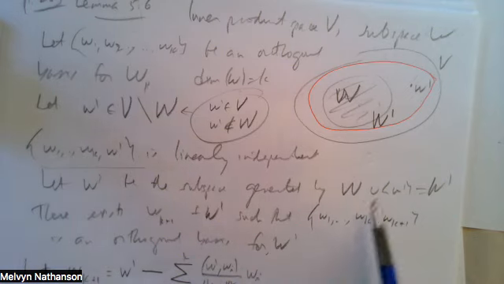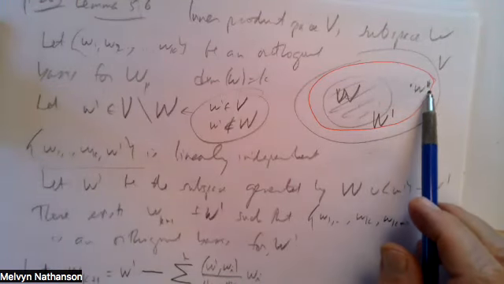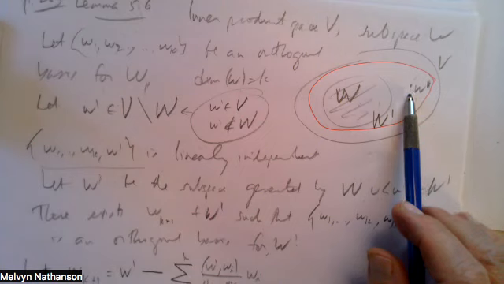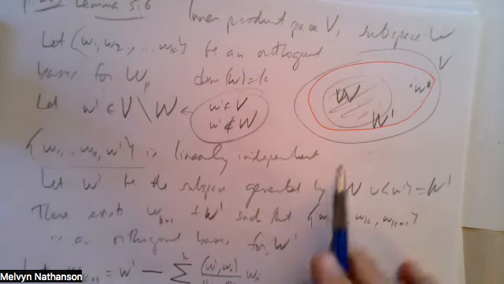So I have this vector W prime, and I'm subtracting from it its components in each of the directions of the vectors in the orthogonal basis for W.